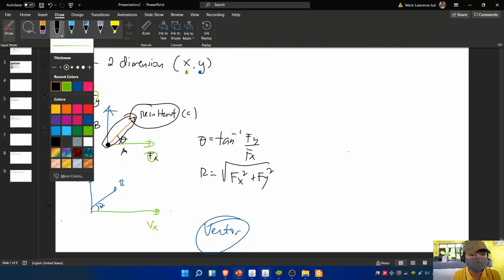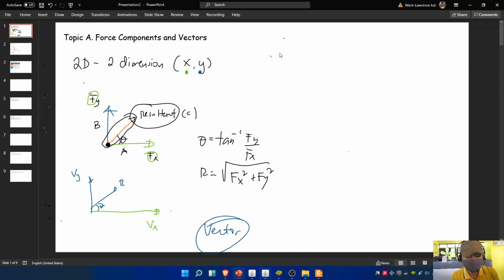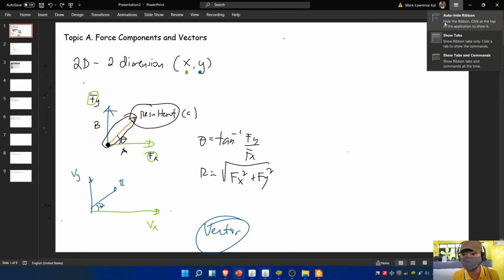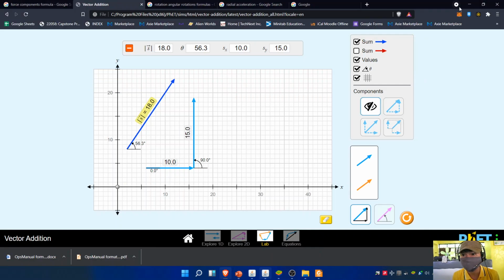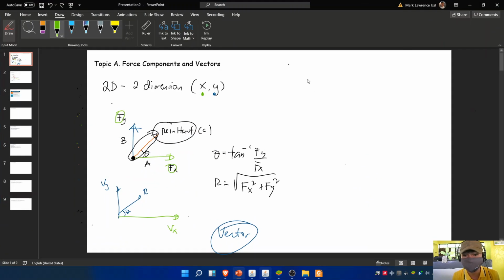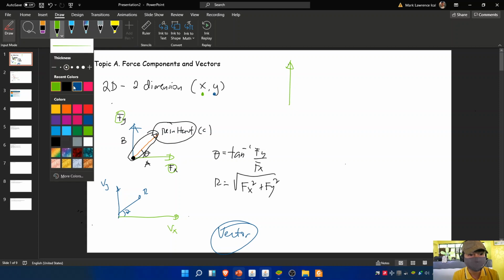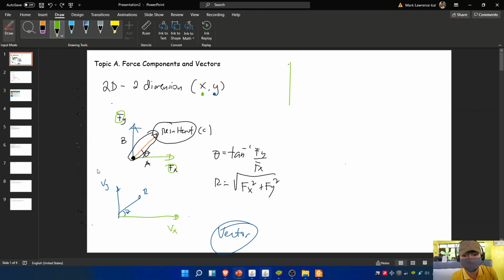Let's say we have green, still the same. Okay, so let's say we have green. Ba't parang baliktad yata ako? Hindi yata green yan. Blue yan, di ba? So we have green. Okay.